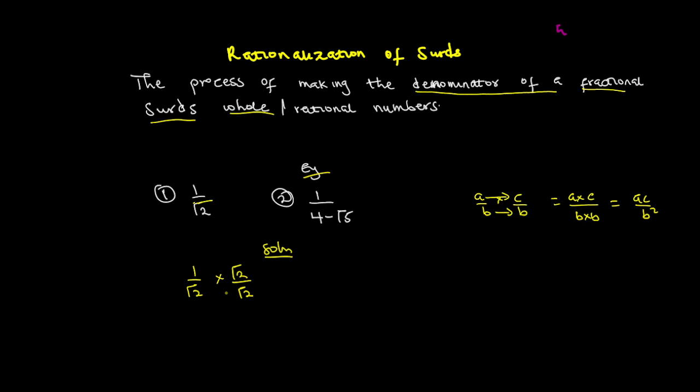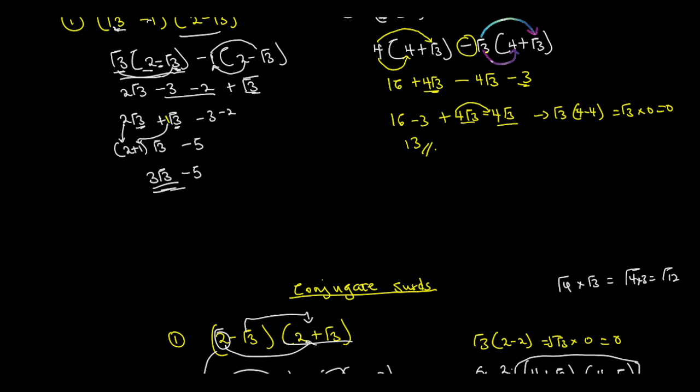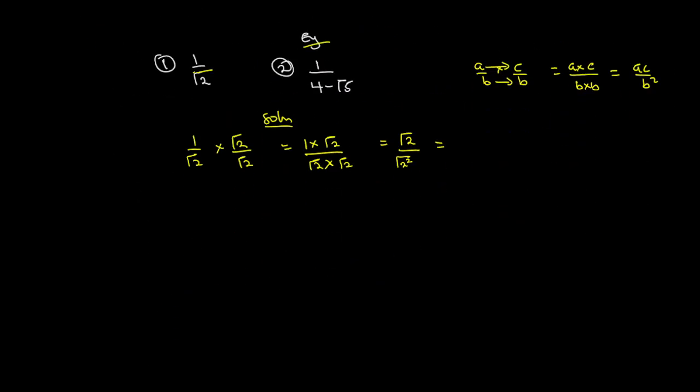Here we have 1 times square root of 2 all over root of 2 times root of 2. 1 times any number is that same number, so we have root of 2 over root of 2 squared, and by the rules of surds, root of 2 squared is 2.